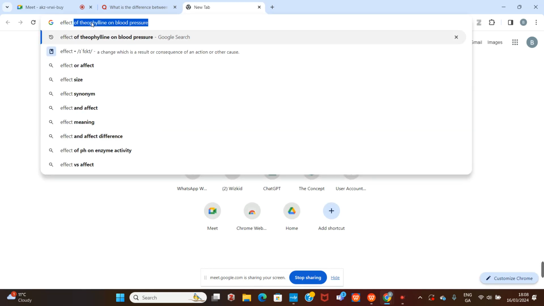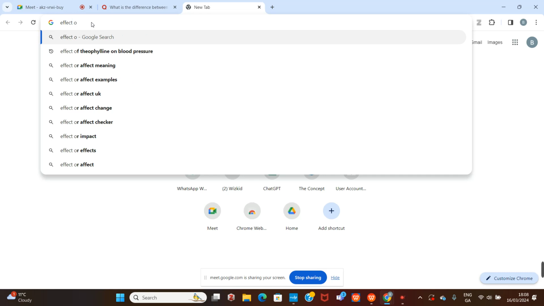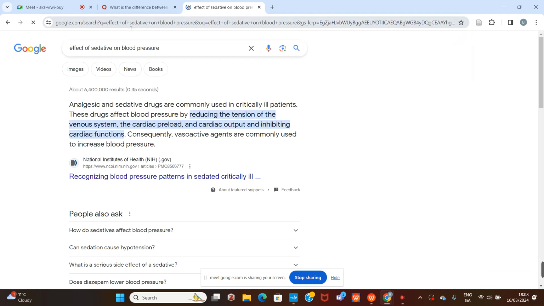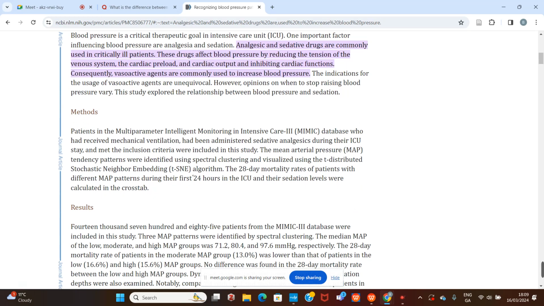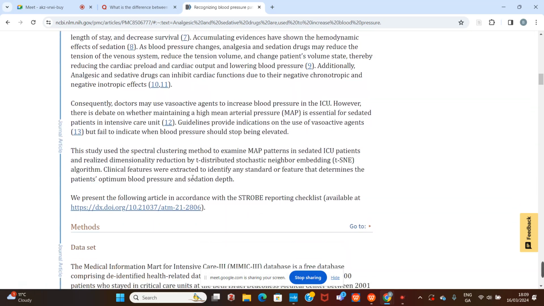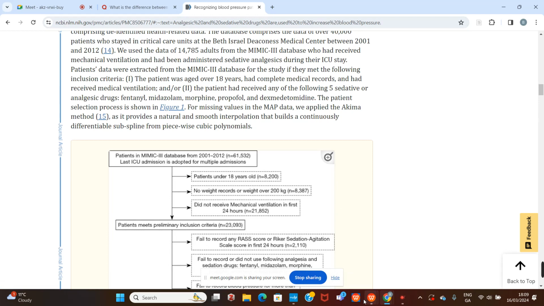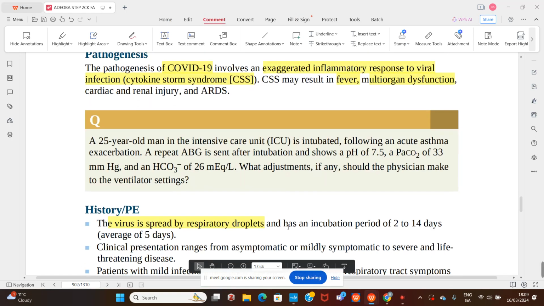But what we need to know is that sedatives and opioids decrease blood pressure through the effects on vasodilation and a decrease in inotropic effect. Analgesics and opioids do have an effect on cardiac function. If you need to know more, Dr. Antonia, you can check.